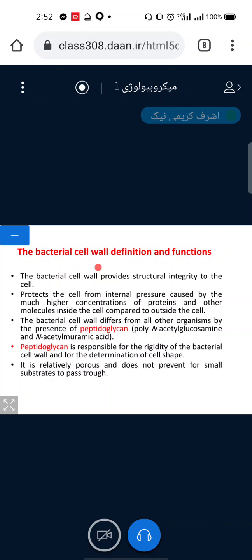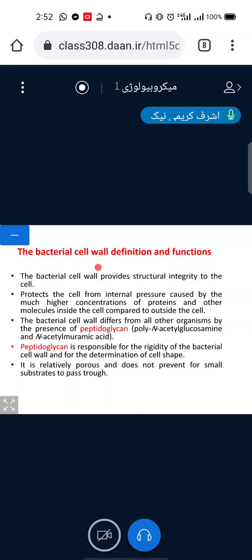Three: the bacterial cell wall differs from all other organisms by the presence of peptidoglycan. You can see peptidoglycan just in bacteria.